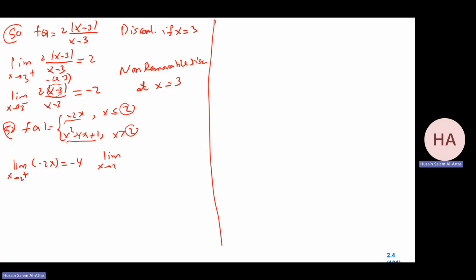Limit as x goes to 2 from left, that will be 4 minus 8 plus 1, minus 3. They are not equal to each other. So we have non-removable discontinuity. We agree we have removable if the limit exists. And it will be continuous if it's equal f at 2. But this is, we have non-removable discontinuity at x equal to 2.